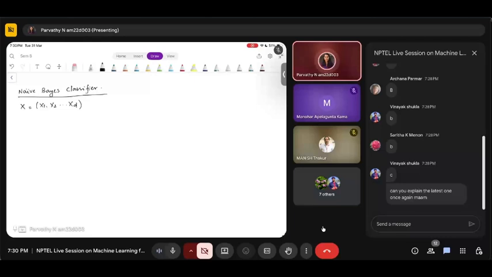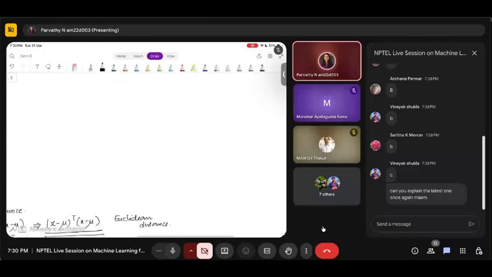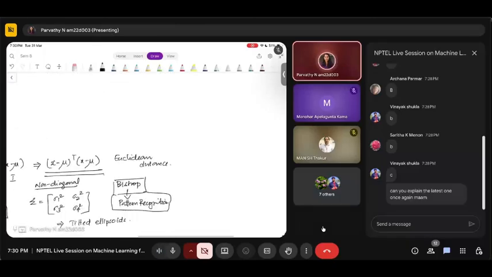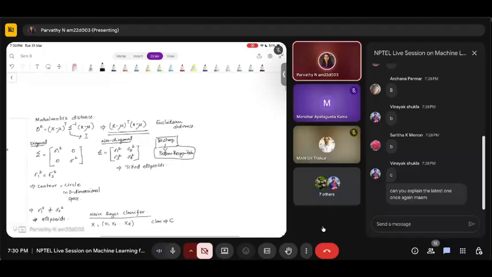Here we have class, in general represented by C. As I mentioned, when you substitute the covariance matrix as an identity matrix, you get x minus mu into x minus mu.